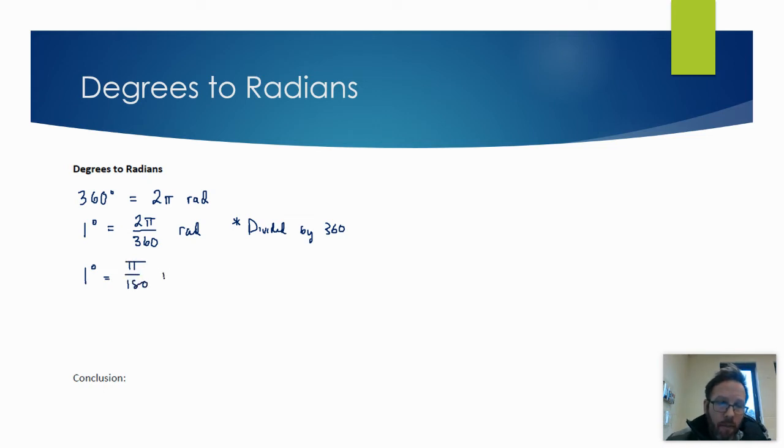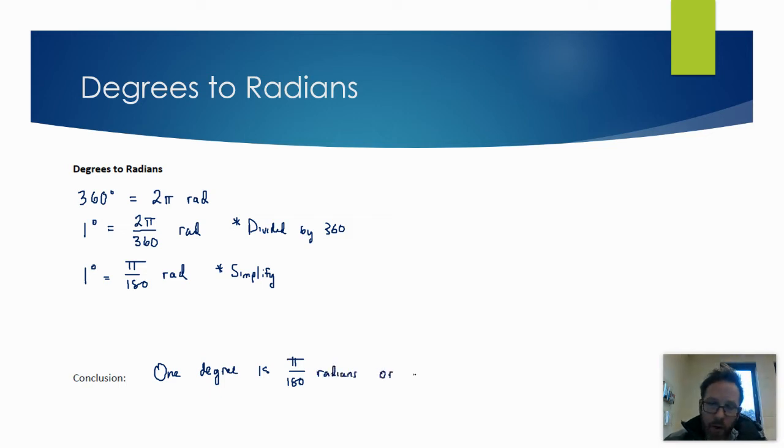So 1 degree is pi divided by 180 radians.